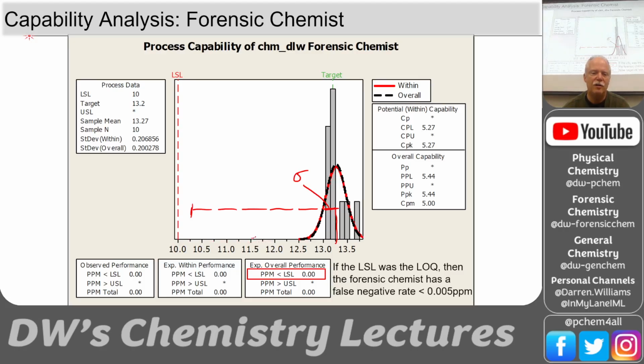So you could set your administrative limit to 12, roughly, and you would be assured that the forensic chemist would give a false negative if the values were 12 or higher only 3 times out of a million. So that would be operating at a 6 sigma. So what you do is this is the specification limit, and you might set maybe an admin limit.